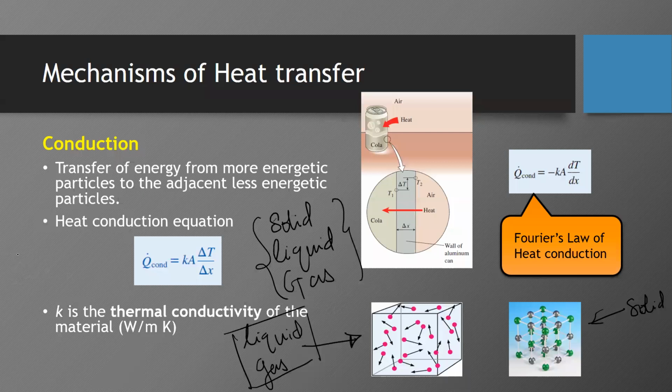That means, let's say if you have a small block or something that is at a higher temperature, 100 degrees Celsius, and if you flow air over it, we can't say that this is conduction because the air is flowing.